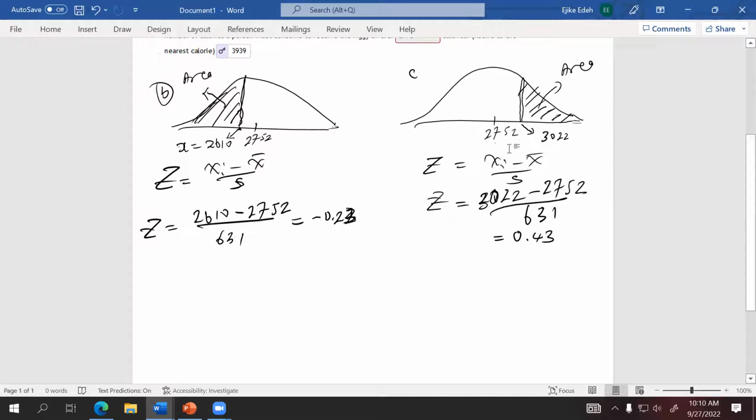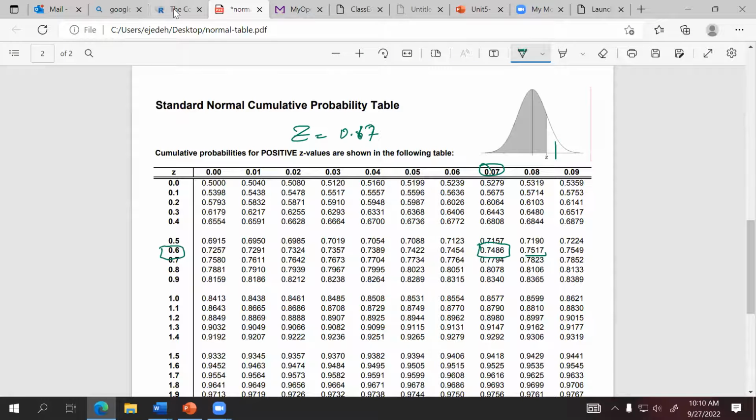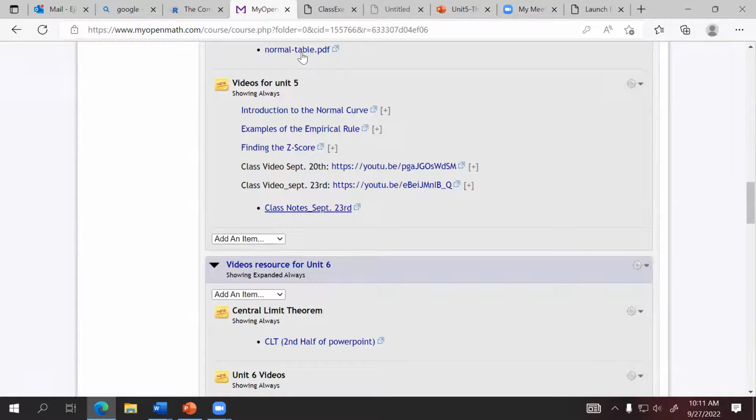Okay. So what we're interested in now is the area underneath this question. So let's look at the Z value that covers the area under negative 0.23. So go to the table. Let me just close this out to save time.